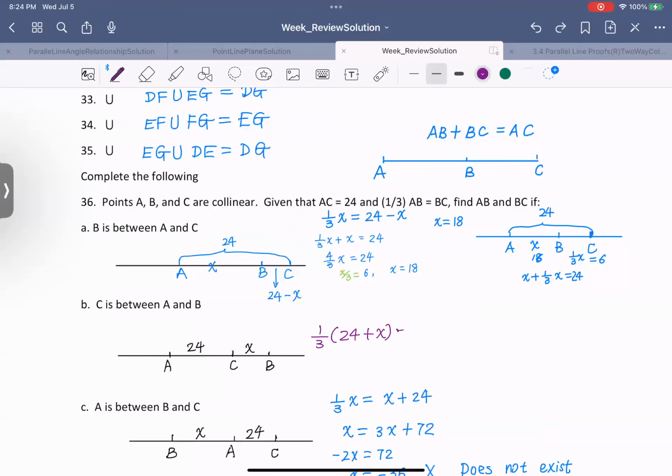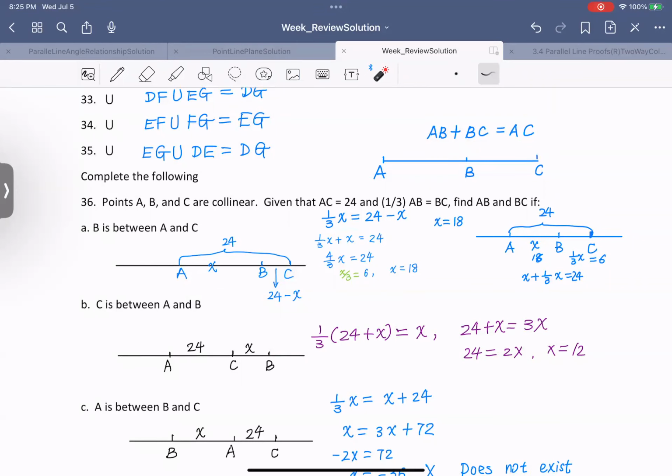BC is X. So you put this as X. And on both sides you can multiply by 3. So you do 24 plus X equals 3X. So 2X will be 24. X is 12. Make sense now? Did I answer your question? Okay.